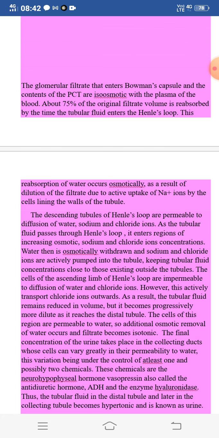It is isotonic to the fluid surrounding this PCT externally. So that is the isotonic media.